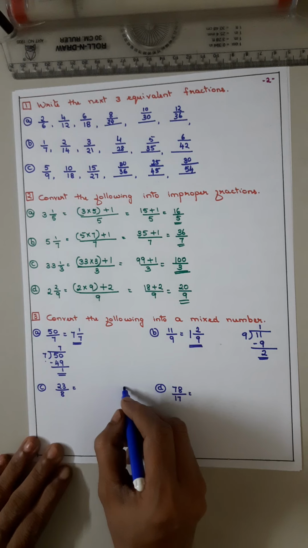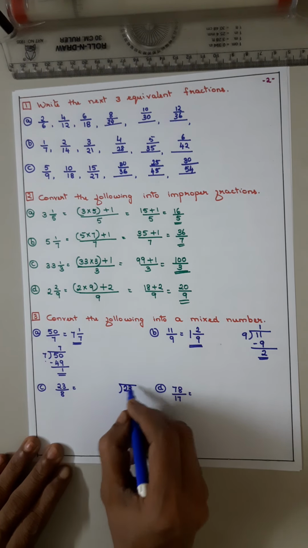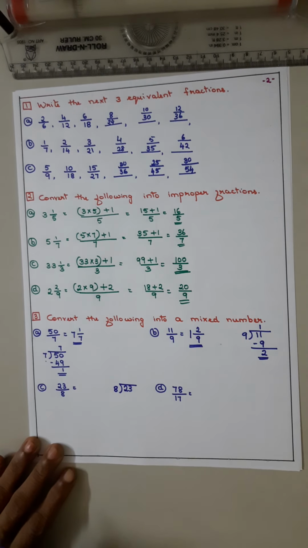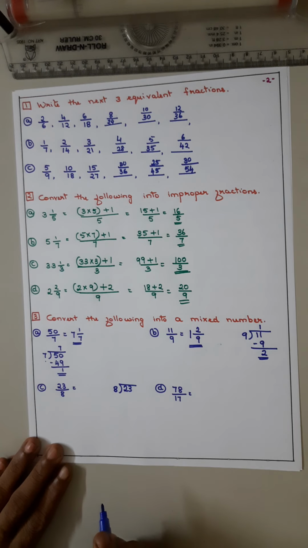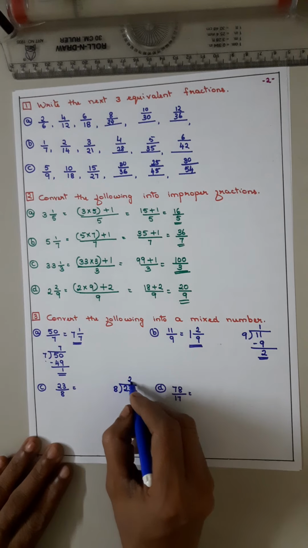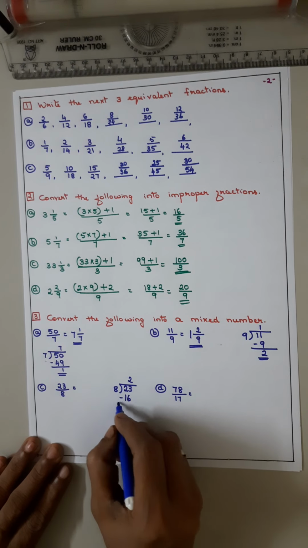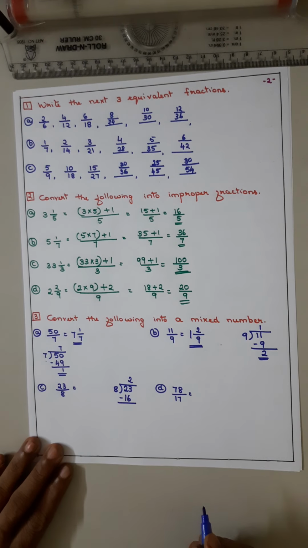Now here, 23 divided by 8. 8 how much are 23? 8 ones are 8, 8 twos are 16, 8 threes are 24. So 8 threes we cannot take. It is 8 twos are 16. Now 3 minus 6 is not possible, so 13 minus 6: 3, 4, 5, 6.